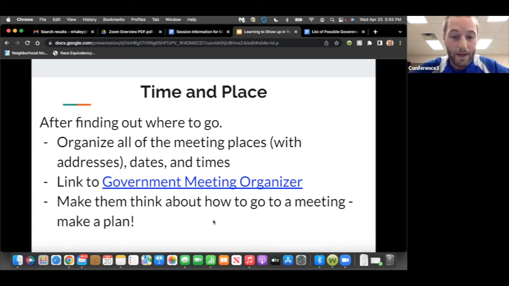Then make them think about how to go to a meeting and make a plan. Since they are 12 and 13, they clearly don't have a driver's license, and they definitely need to figure out, how can I get here? Which is a wonderful opportunity to start talking to parents, friends' parents, family, literally anyone who can get them places, or start to figure out, can I walk to these places?